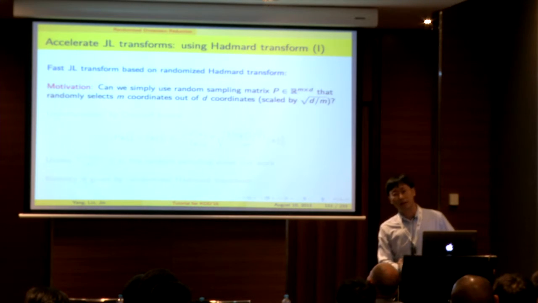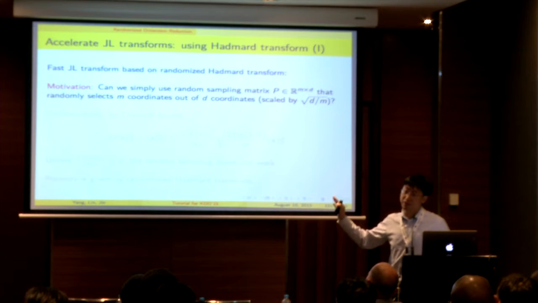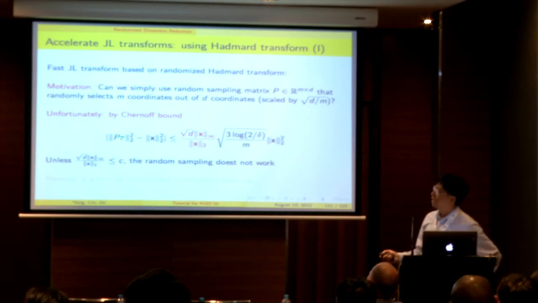The reason for scaling is to maintain that after transformation, the Euclidean norm square is an unbiased estimate of the original Euclidean norm square. This is very efficient, by the way. But unfortunately, by the Chernoff bound, we will show that the difference between the Euclidean norms would not be very small.